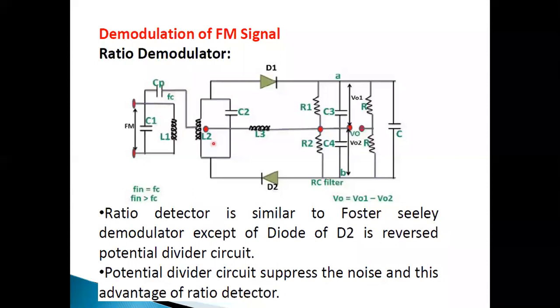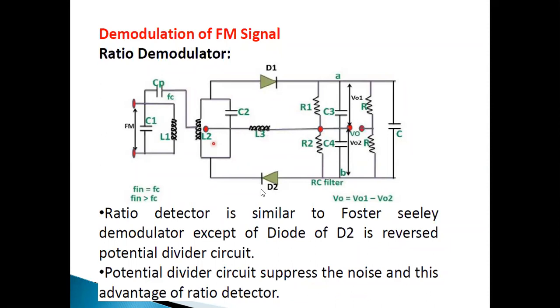Here we consider this as a resonant circuit. Now we have a rectifying section, and the RC filter section, which is an integrator. Then there are nonlinear elements on the upper side as well as the lower side, that is D1 and D2.